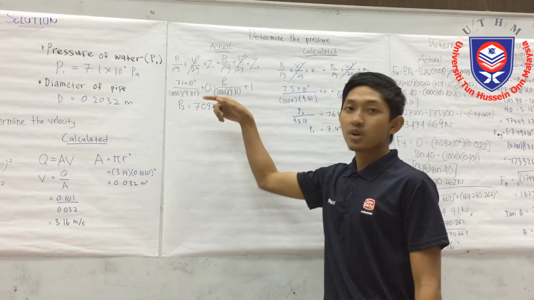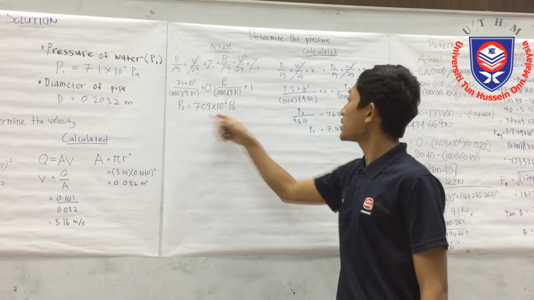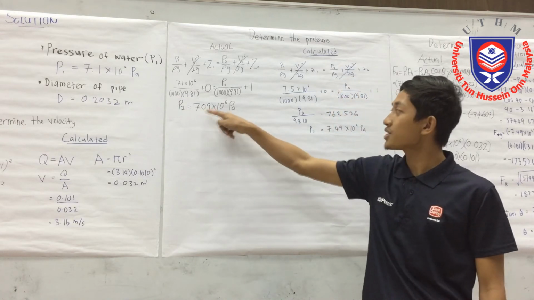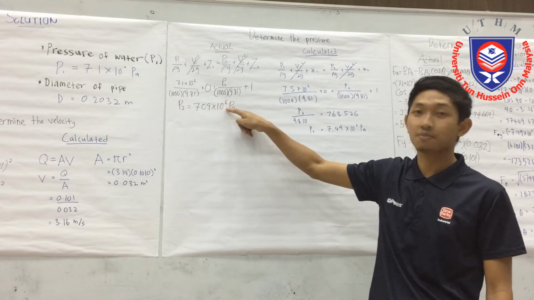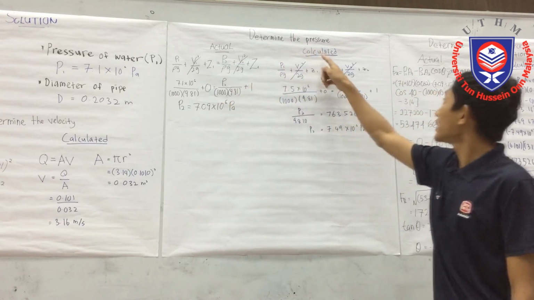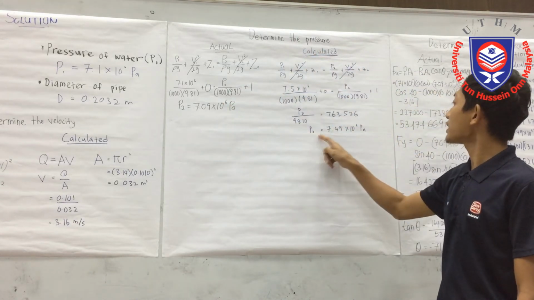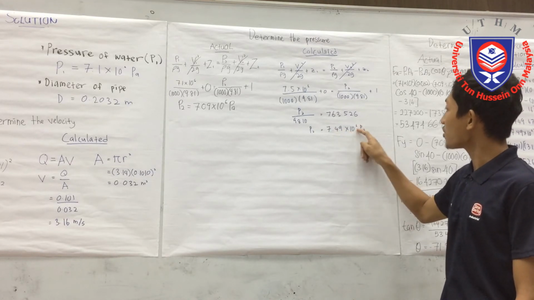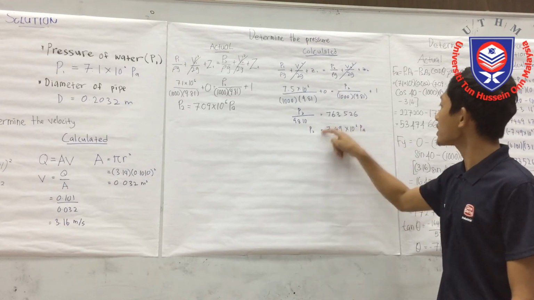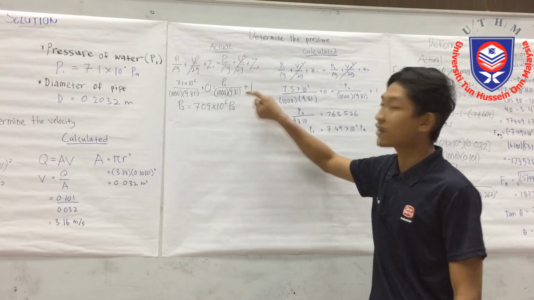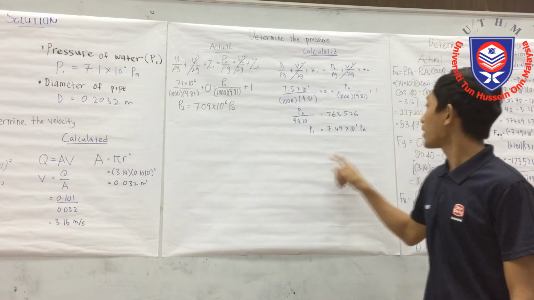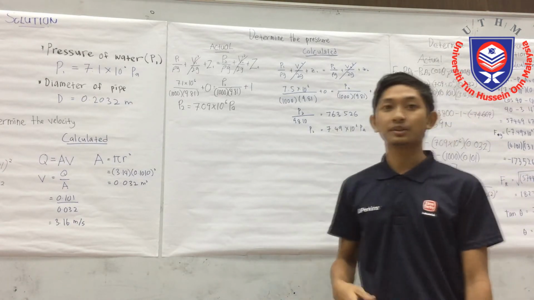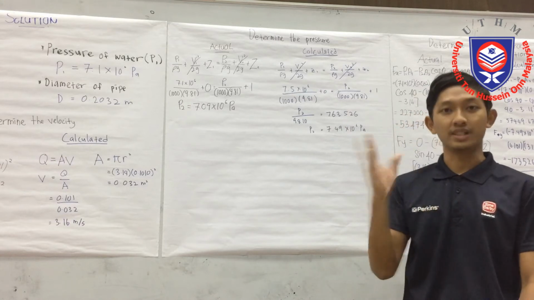We put in all the values, then we get P2 of 7.09 times 10 to the power of 6 Pascal. The calculated value is 7.49 times 10 to the power of 6 Pascal, which is more than the actual value that we must get. Therefore, this is the cause that makes the pressure in the pipe burst.